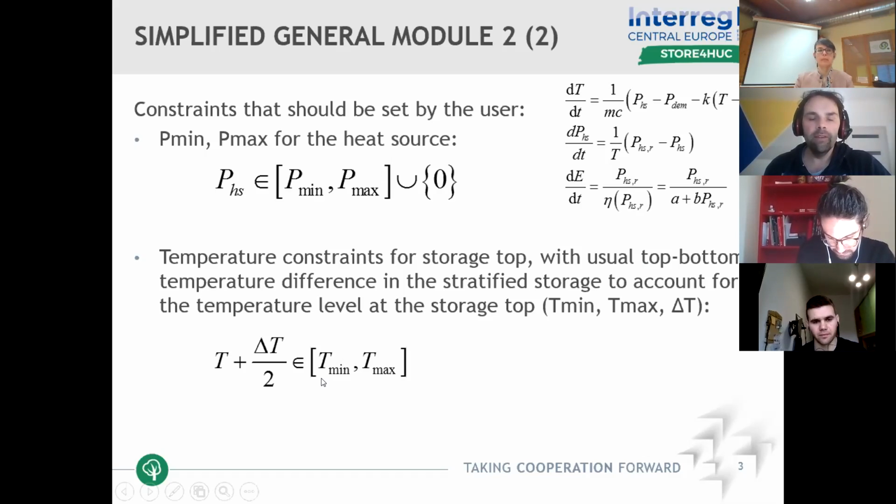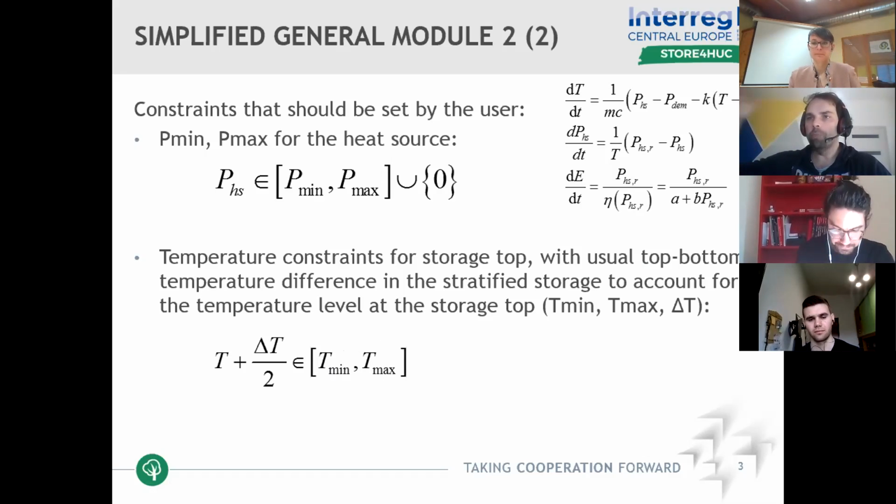And then the required interval for the temperature on the top of the storage, so the one that is being supplied to the consumers. This is T min and T max. This is not something that the user should know from the system, but should pose as his or her requirement.